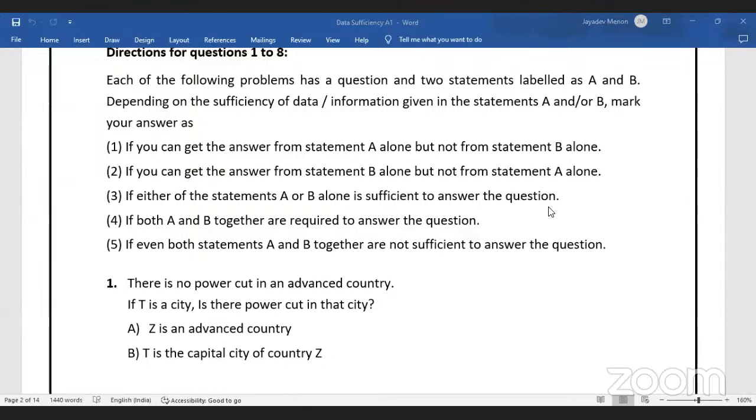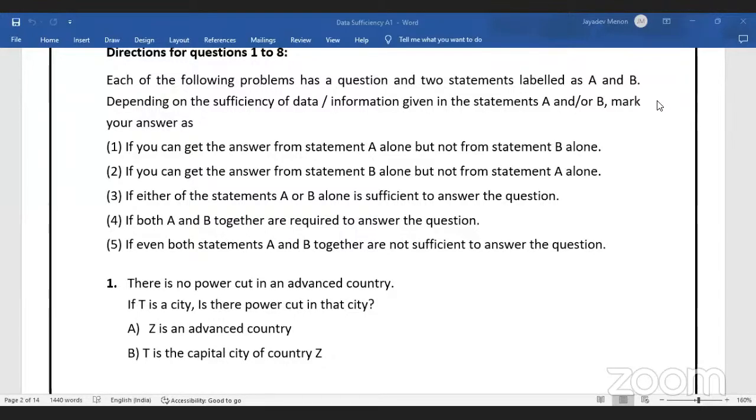Each of the following problems has a question and two statements labeled A and B. Depending on the sufficiency of data or information given in the statements, mark your answer as option 1 if you can get the answer from statement A alone, but not from statement B alone.